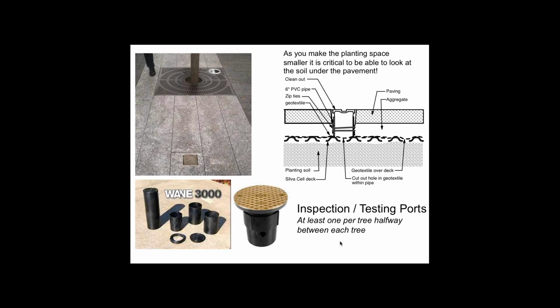But even something as simple as this Wayne root feeder, which wasn't designed to be an inspection port, could easily be adapted as one, either on top of the Silvacell or right through pervious paving or whatever paving system and root system you have.